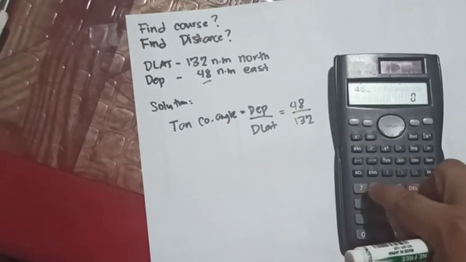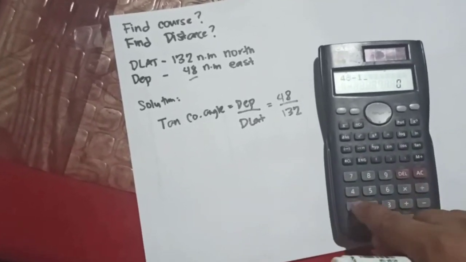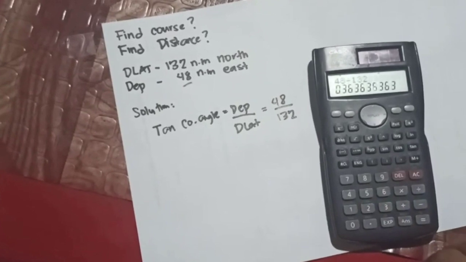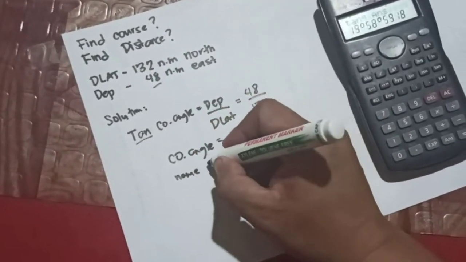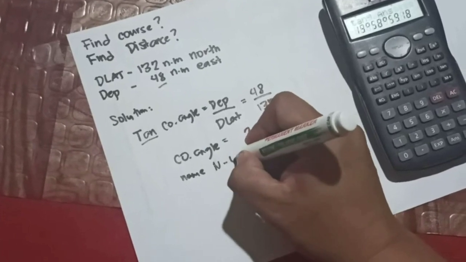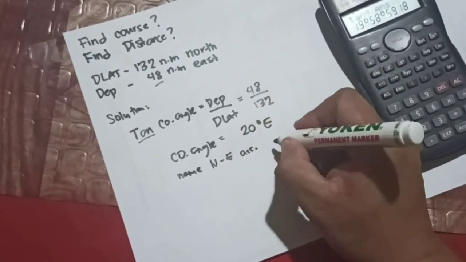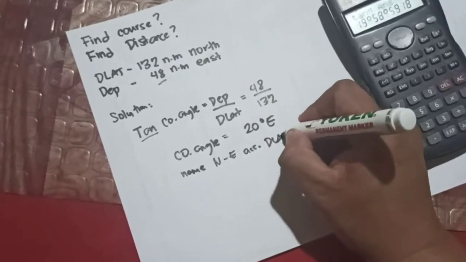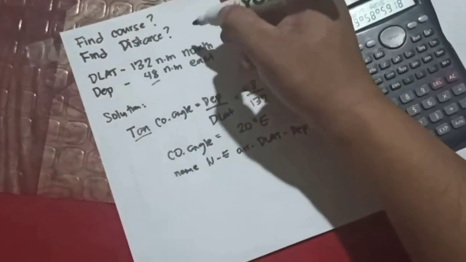Using a scientific calculator equals 0.3636363. Shift tangent equals 19.98. Round off to 20 degrees. Course angle is 20 degrees east. Naming is northeast according to delat and depth. So departure is east, delat is north, so north 20 degrees east.